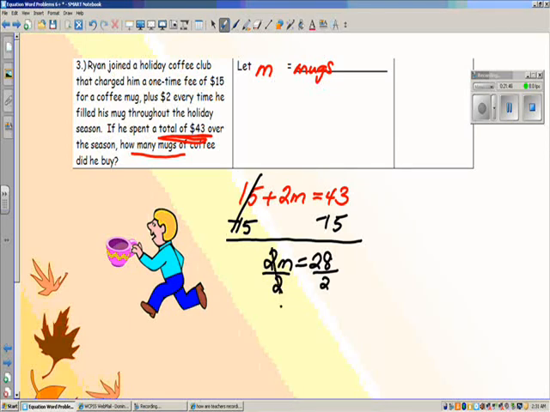How many times does 2 go into 28? 14. What does this 14 represent? This 14 represents how many mugs of coffee Joe will purchase. So 14 mugs of coffee is our answer.